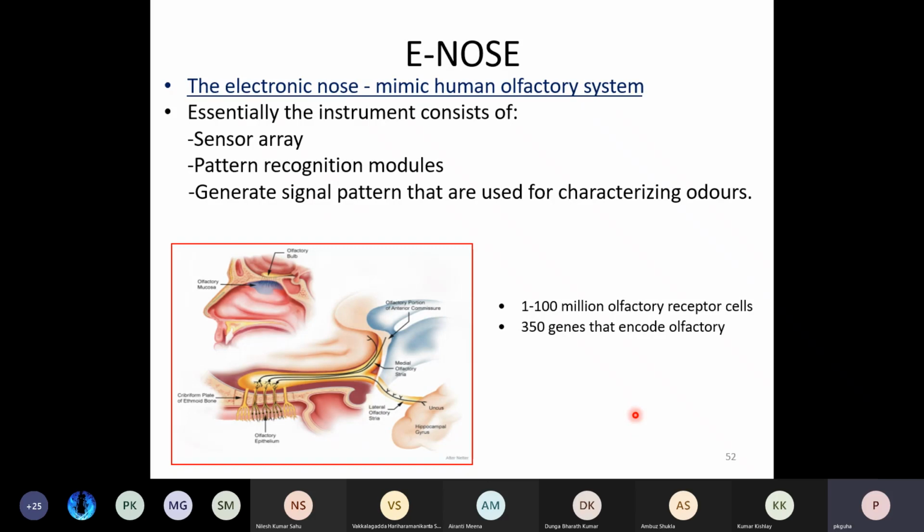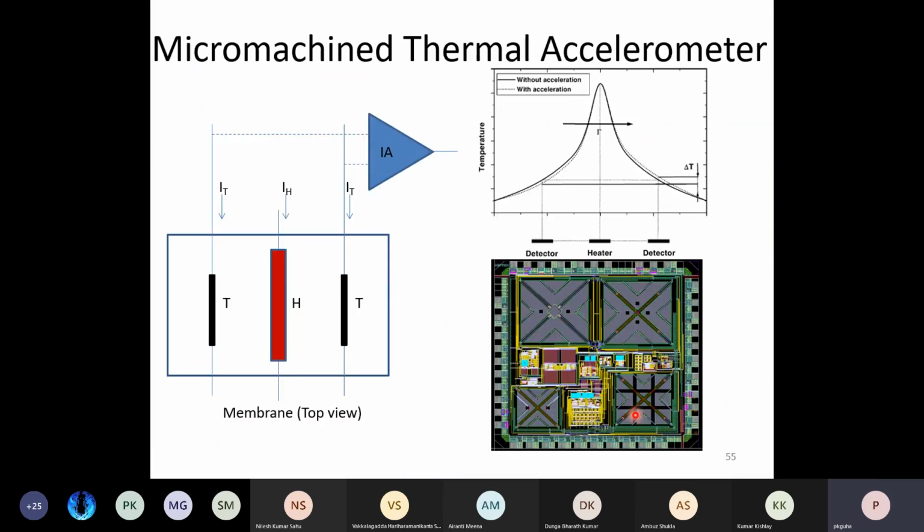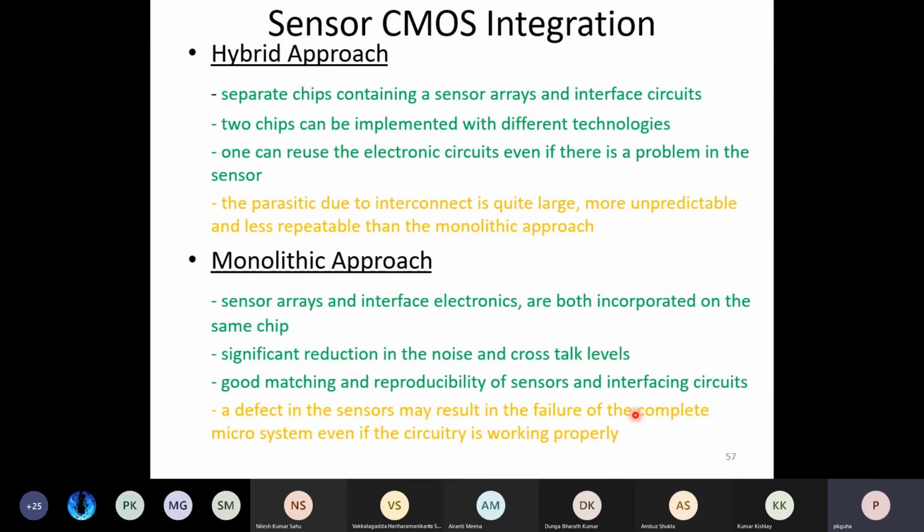Okay, but sometimes it is difficult if you have toxic gases, and some gases don't have a smell, so it is very difficult to detect them through your nose. It is not advisable also. So people are developing electronic noses using nano sensors and so on. Just skipping all this, don't need it for this.